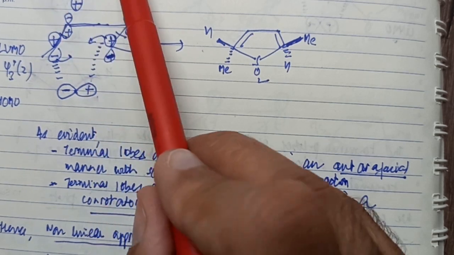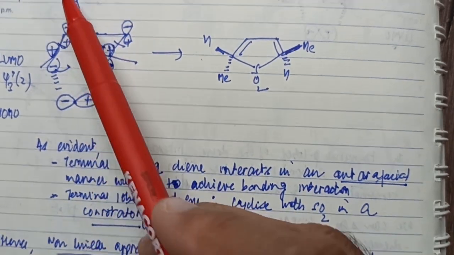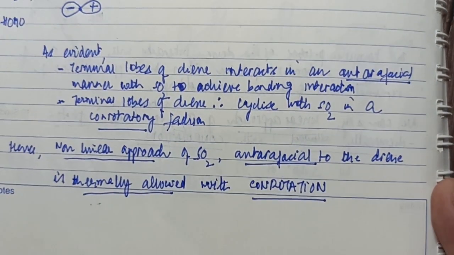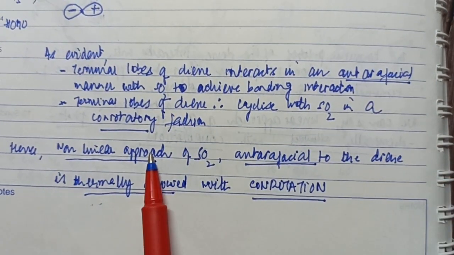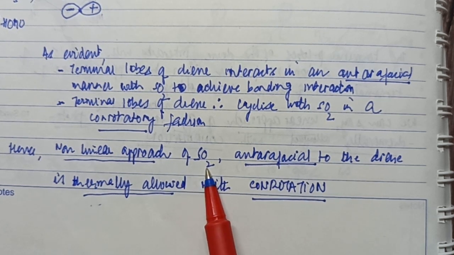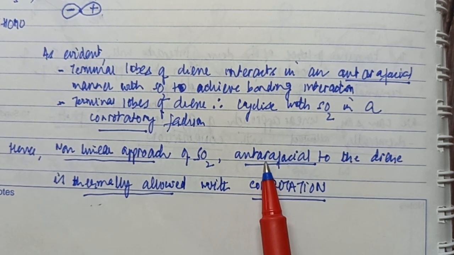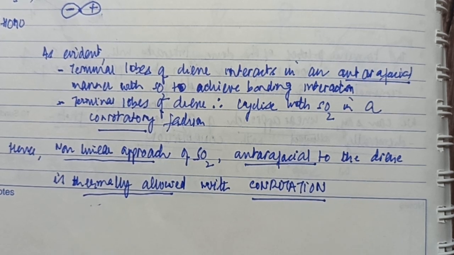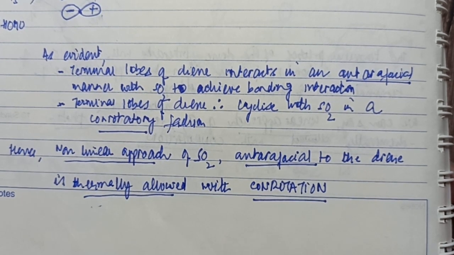Since the opposite faces are adding, the addition is largely conrotatory. Hence, we can say that under the non-linear approach, which we are discussing, the non-linear approach of sulfur dioxide, antarafacial to the diene, is thermally allowed, but with conrotation. Right? So this is something regarding the non-linear approach under thermal conditions.